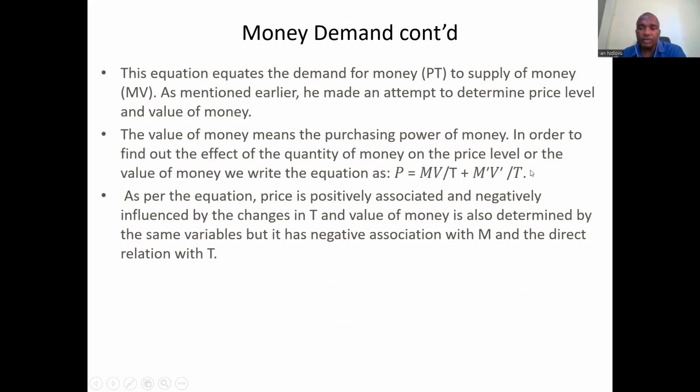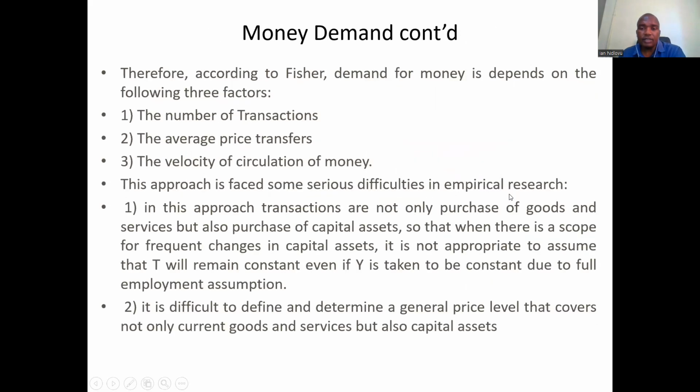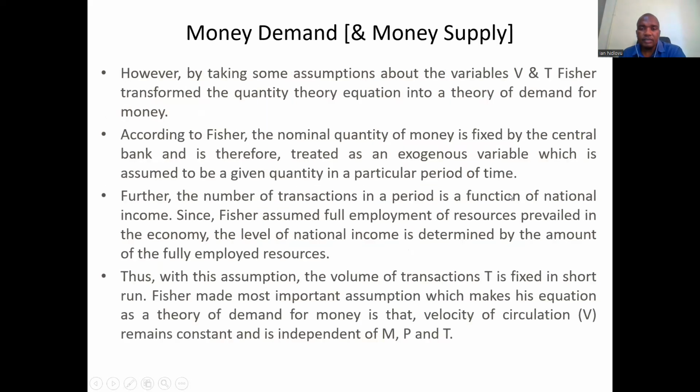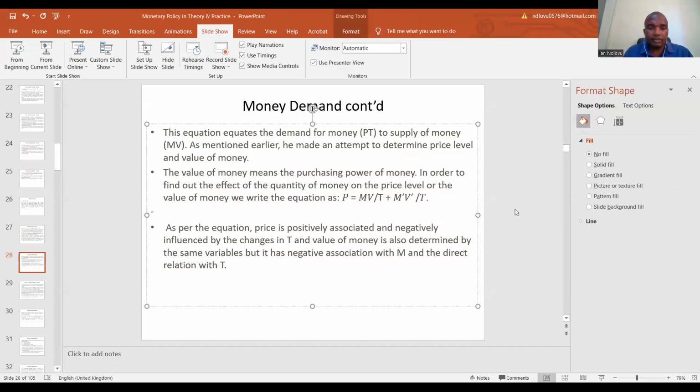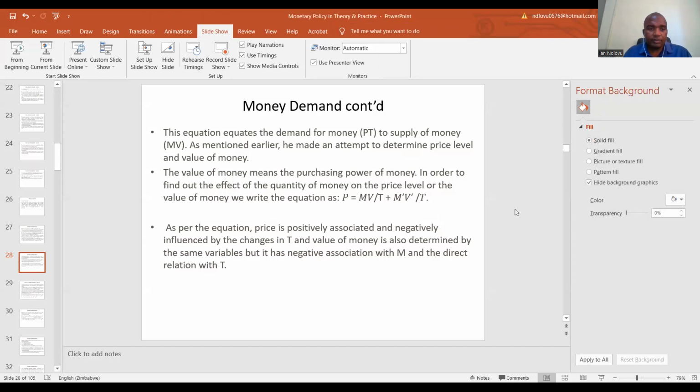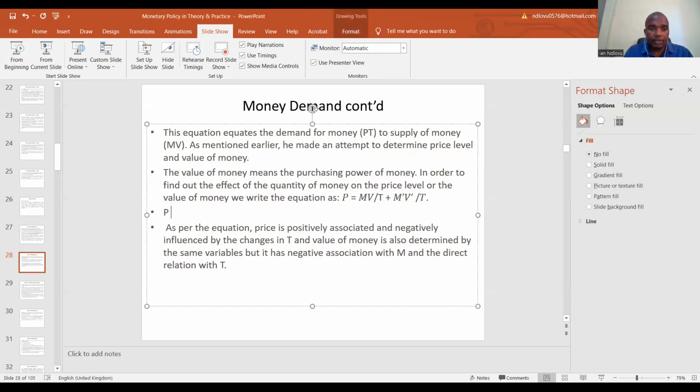So if I am to rewrite that part, it means our P will be equal to a constant, which I will just call C, plus, because I've just said the money stock is determined by the central bank, the transactions velocity of circulation is determined by payment technologies and other factors, and the volume of transactions is determined by national income.